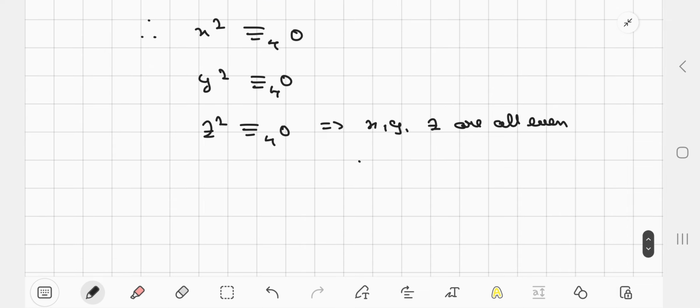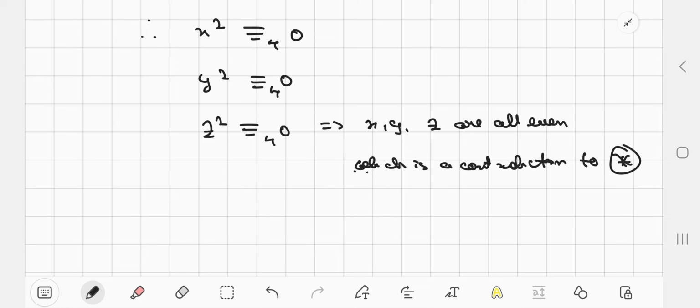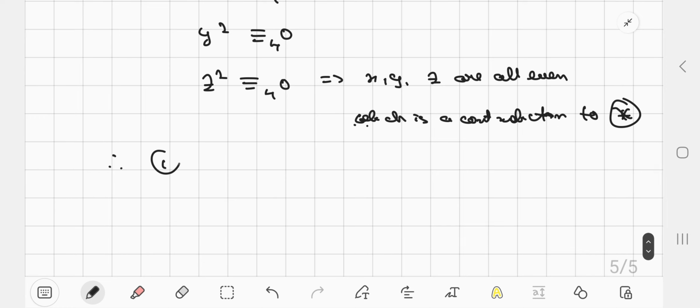But that is a contradiction to star, because we had assumed that x, y and z are mutually co-prime. Therefore, one can't have a non-zero integer solution.